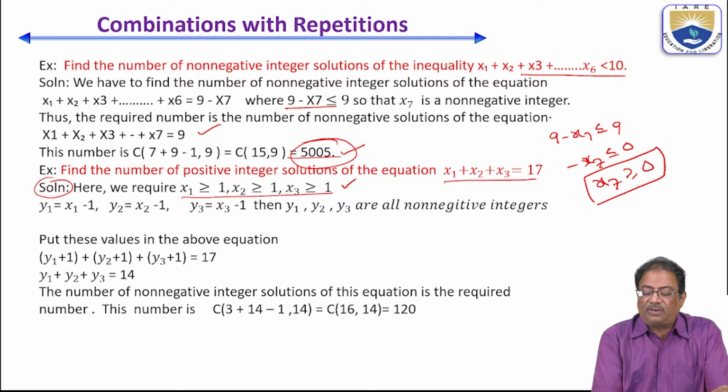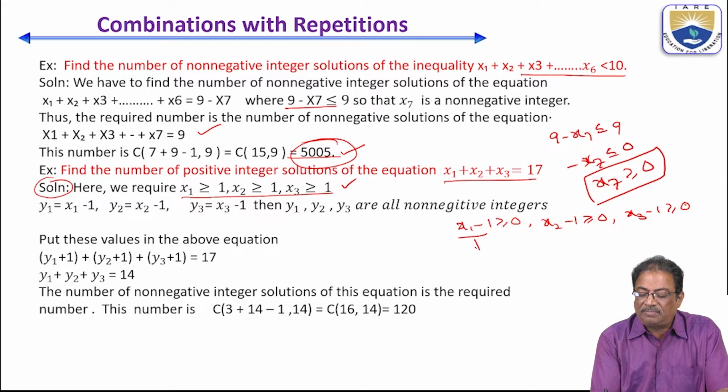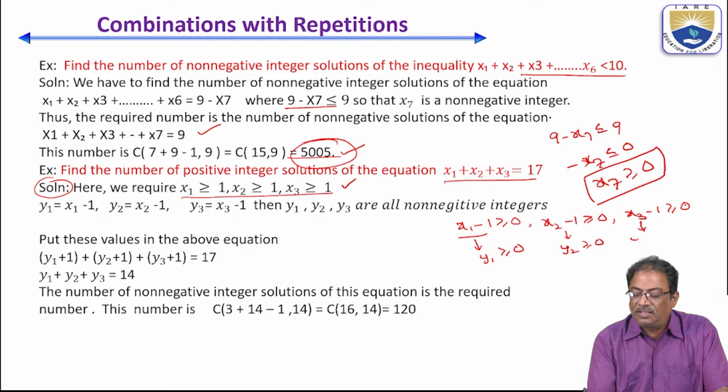Whenever it is given like this, we write x1 minus 1 is greater than or equal to 0, x2 minus 1 is greater than or equal to 0, x3 minus 1 is greater than or equal to 0. Now we take these as y1, y2, y3, each greater than or equal to 0.